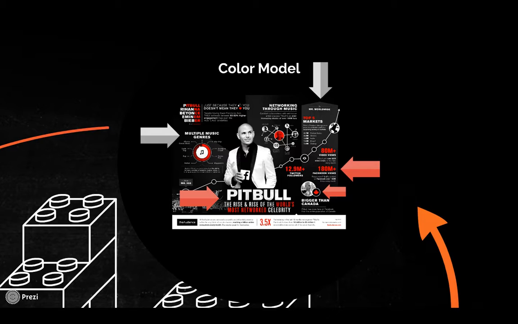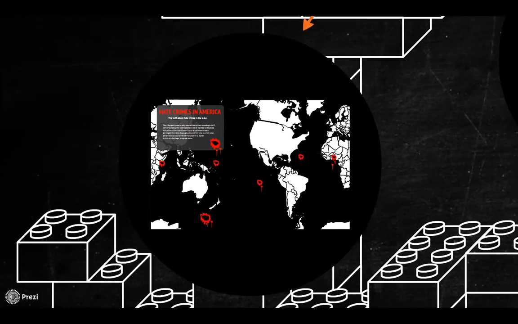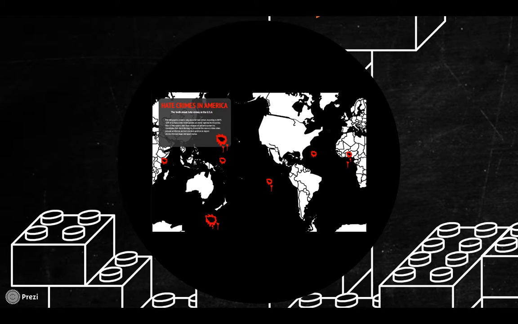Now let's go ahead and move on to show you how I used these colors in examples in my final infographic. So here's where you see a little bit of association in my display. I used red to associate with blood.